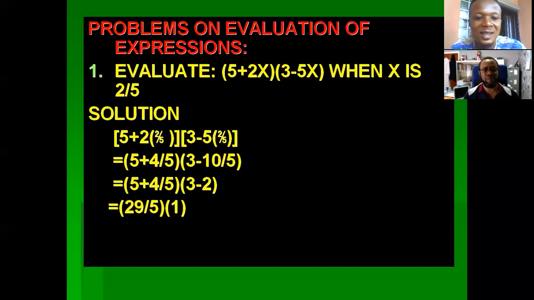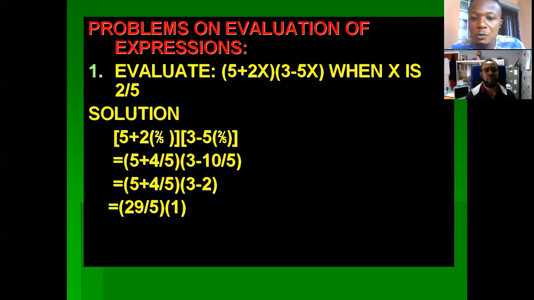This 29 over 5: when you have a whole number added to a fraction, where you have 5 plus 4 over 5, you use 5 to multiply the 5, then add 4 to it.